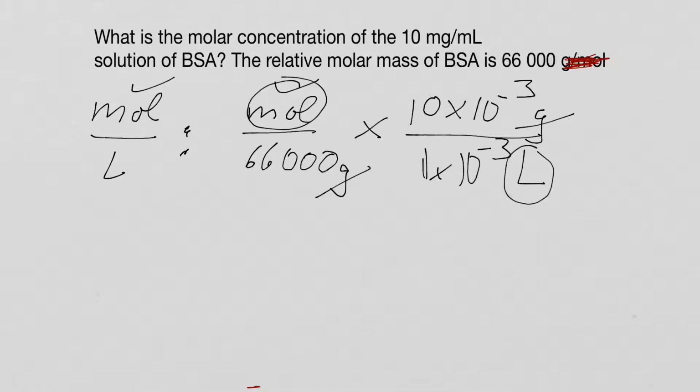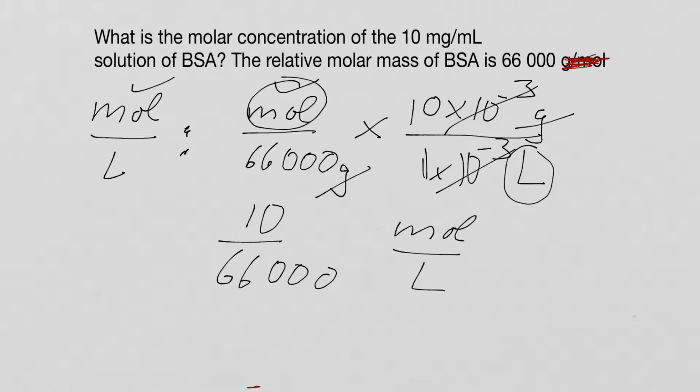So all we have left, and we can even cancel the 10 to the minus 3, is 10 divided by 66,000. And the unit would be mole per liter. And the rest is something for biochemical pedestrians.